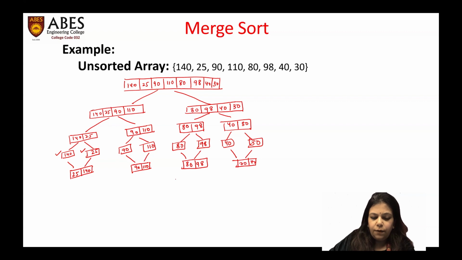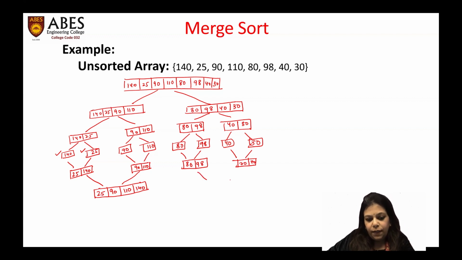Again, we will merge these two sorted arrays and we will get a resultant having 4 elements such that the resultant array will be sorted. So we will get 25, 90, 110 and 140. And over here, again we will get one array with 4 elements: 30, 40, 80 and 98.